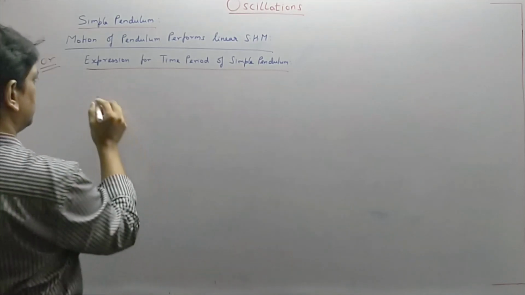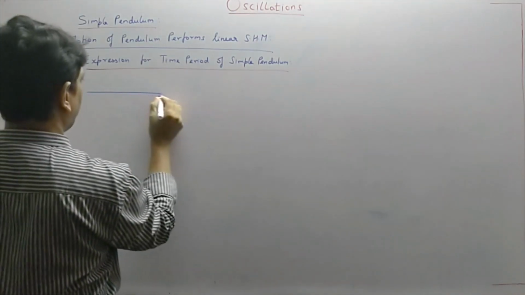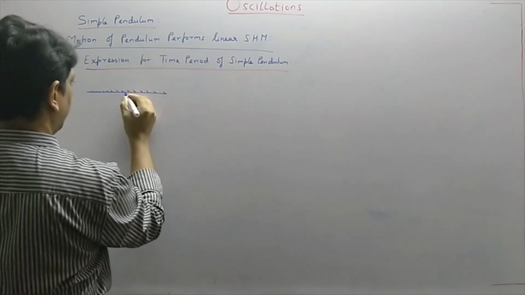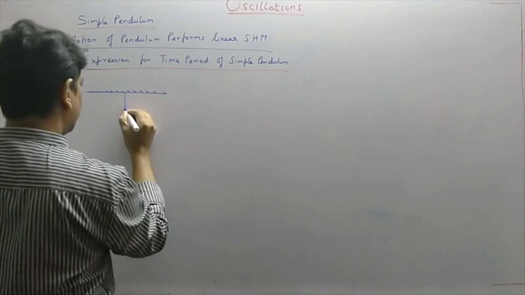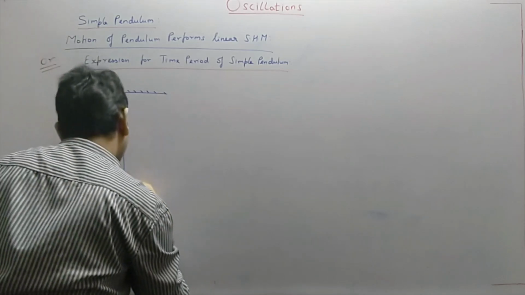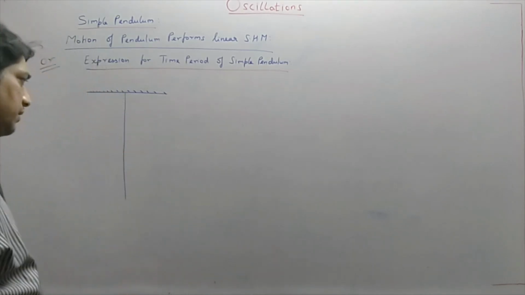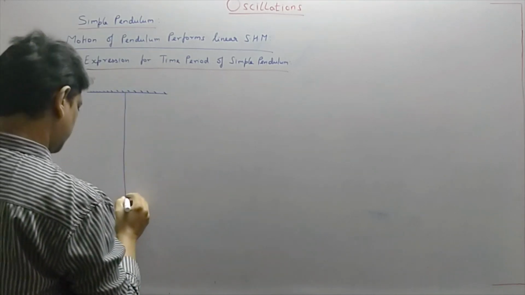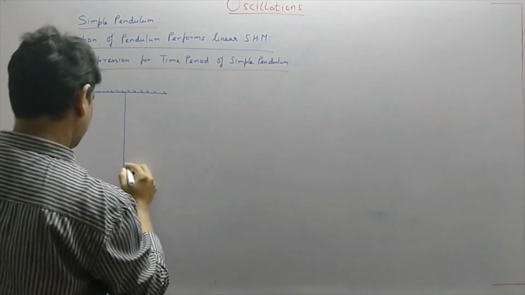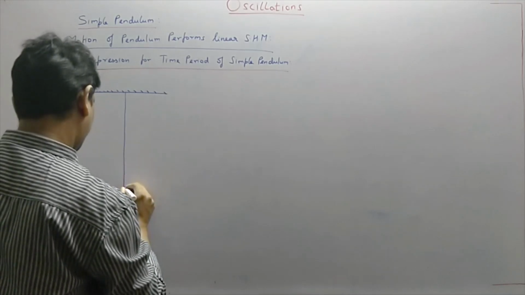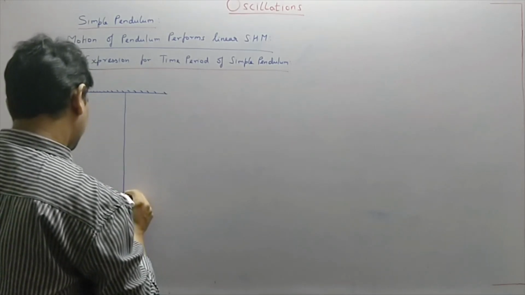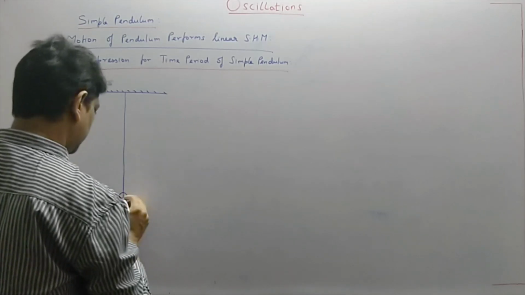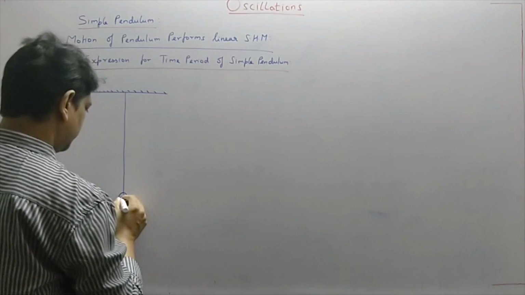Let us see. We have a rigid support and a light, massless string. One end of the string is attached to the rigid support, and the other end is attached to a very small metallic sphere, called a bob.